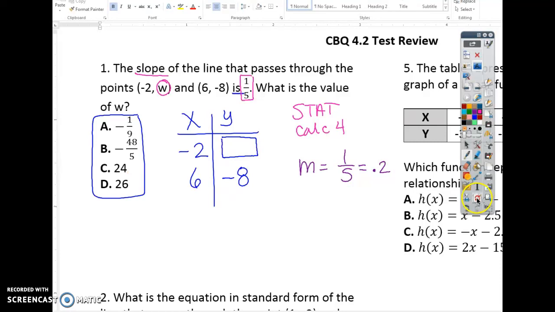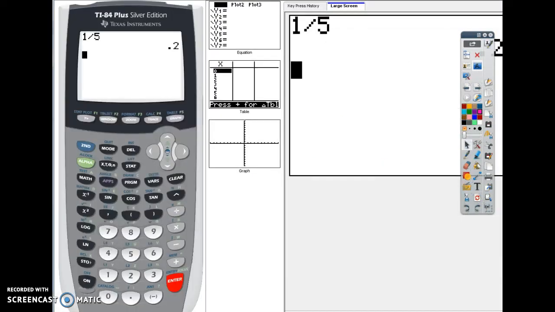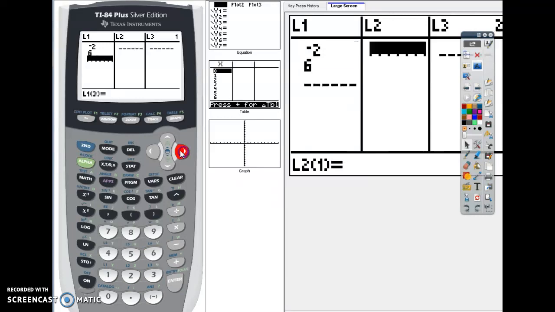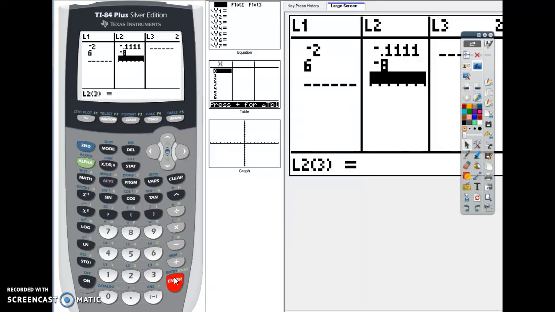So let's go put it in Stat. Stat, enter. I know this is -2, and this is 6. And over here I'm going to put a number, which is -1/9. That's the first answer, letter A. And -8. This number right here, they turned it into a decimal, but it was really -1/9.